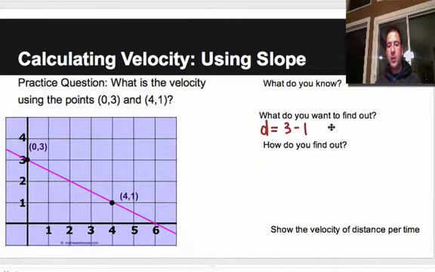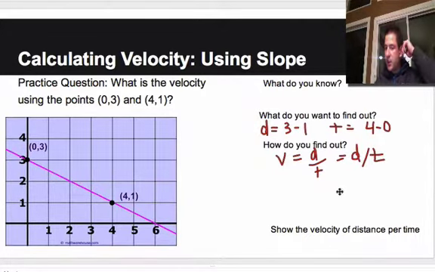And we know that our time is going to equal, we started at 0 and we finished at 4, so 4 minus 0. So what are we trying to find out? Velocity equals distance over time, or in our questions online, it might look like this, d with a backslash and t, just because sometimes it doesn't work out on the computer.